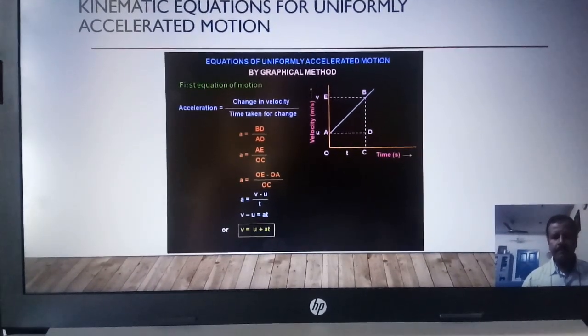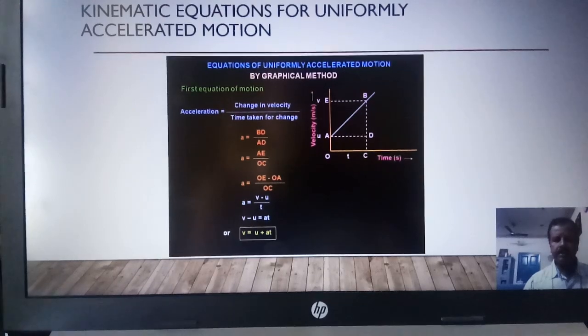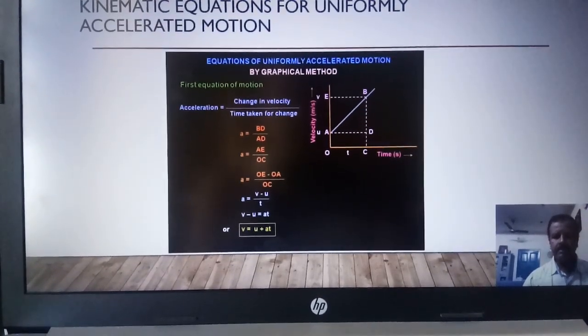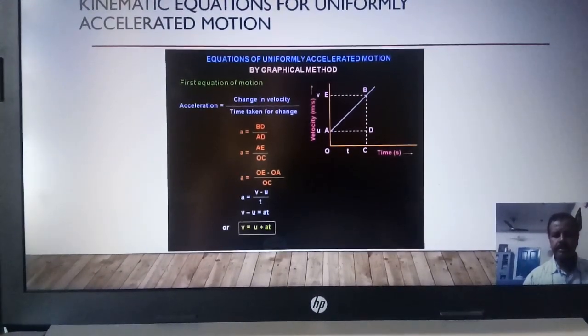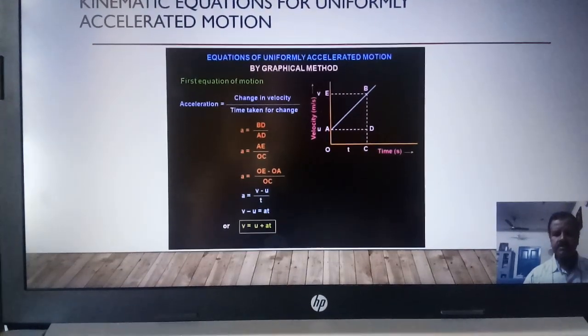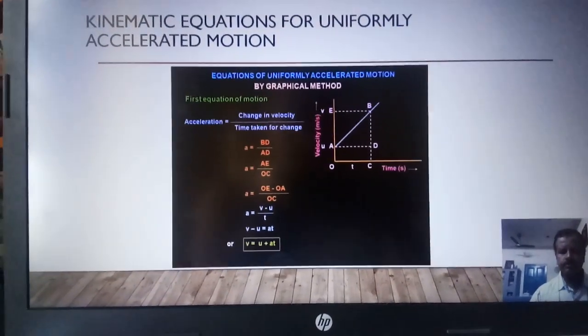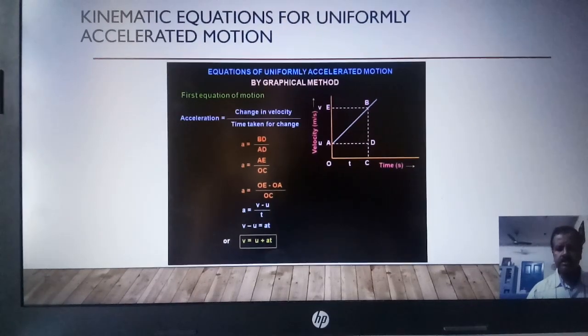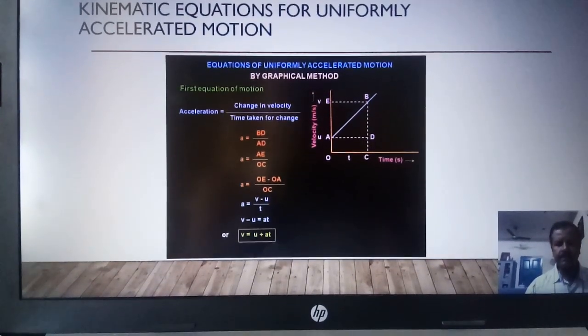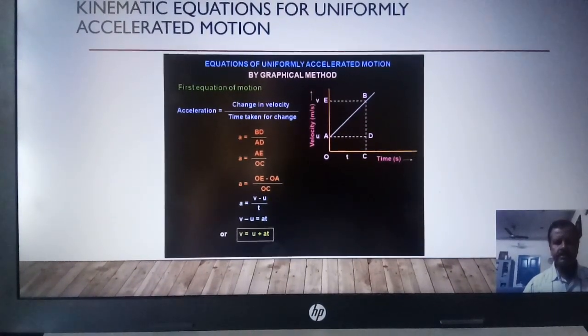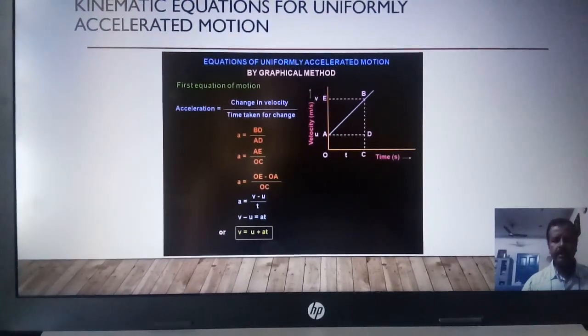Then a is equal to BD by AD, the slope. So BD is also equivalent to AE. AE is v minus u. Look at the graph. AE is the difference in velocities, v minus u. And OC is the base, which is the time taken. Therefore, acceleration a is equal to (v minus u) by t.